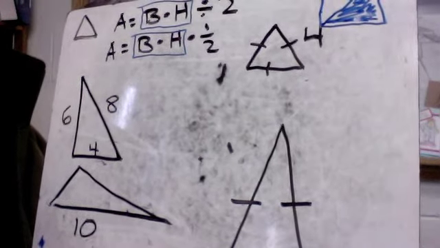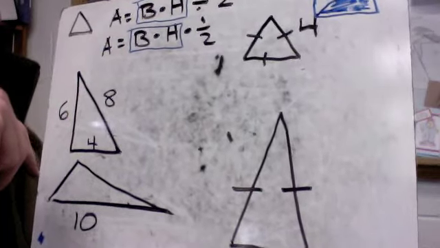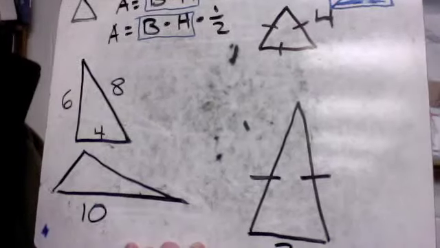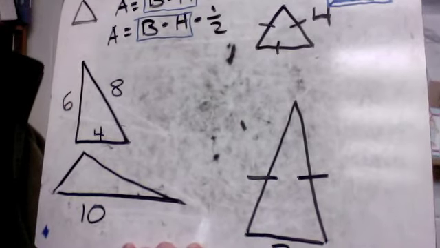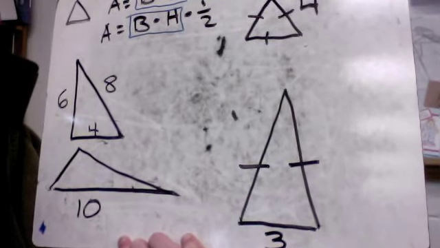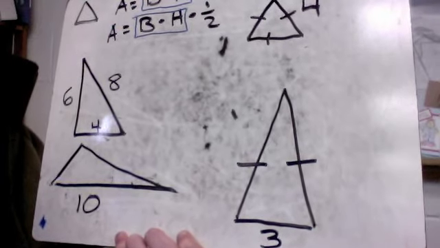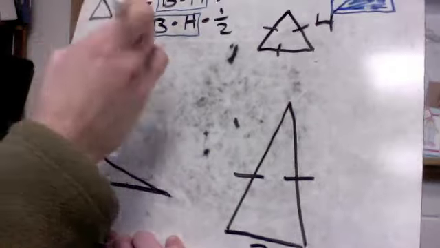This is pretty easy because you just need to follow the formula, but the toughest part is figuring out what's the base and what's the height. Some triangles will have more than one thing you can use for a base and a height, but there's one thing that you need to understand about the base and the height.